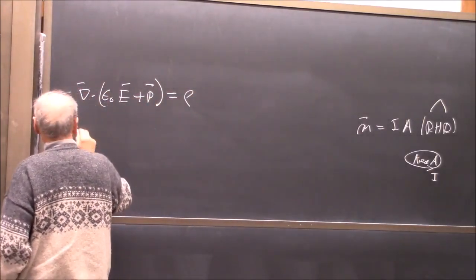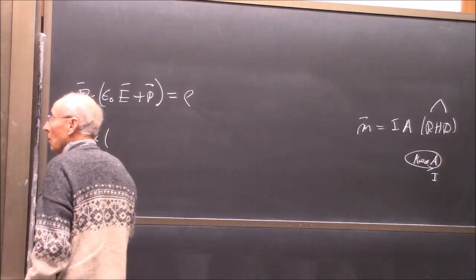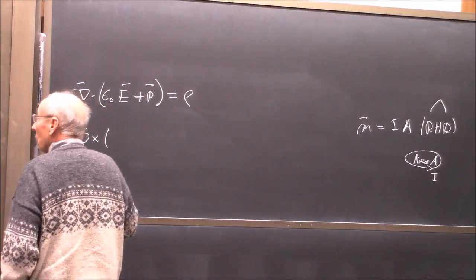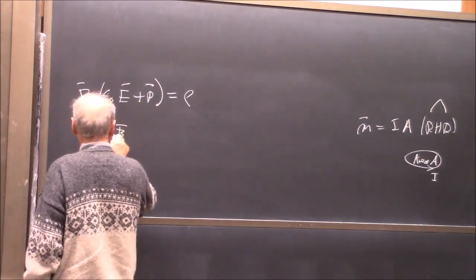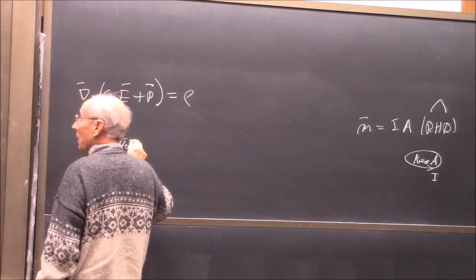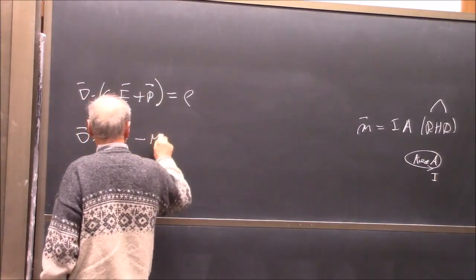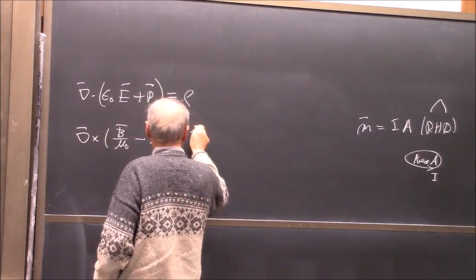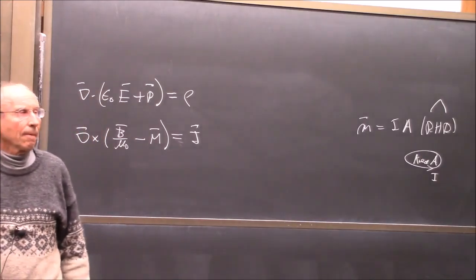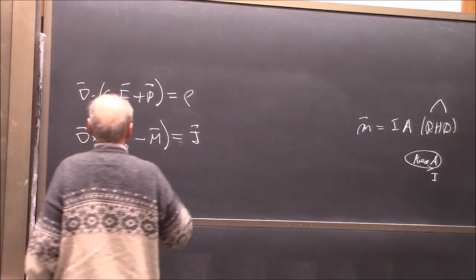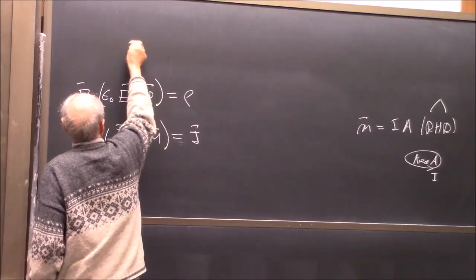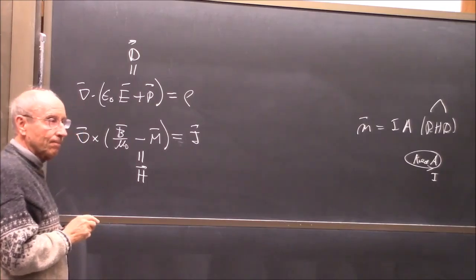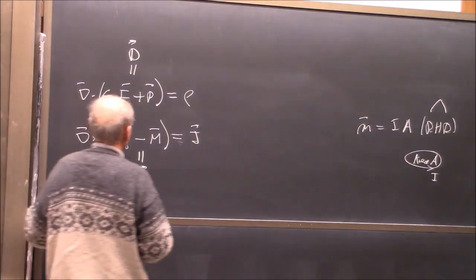And in this case, the curl of E over mu 0 minus M was equal to J. Okay? Then we let this be equal to D, and we let this be equal to H.